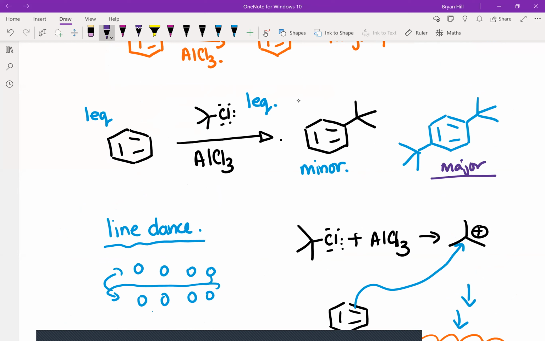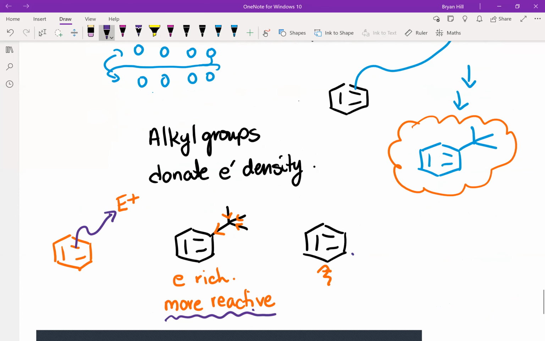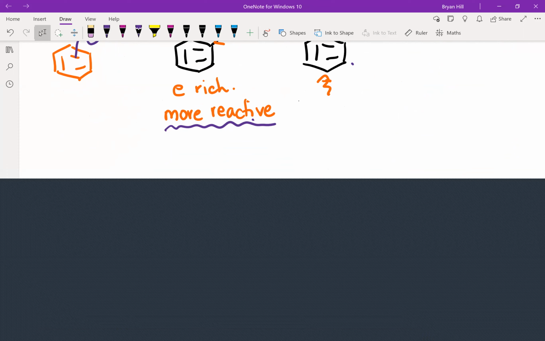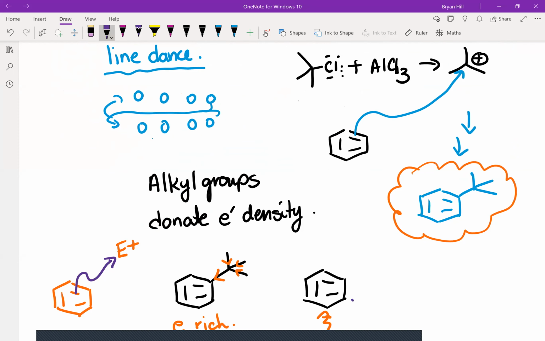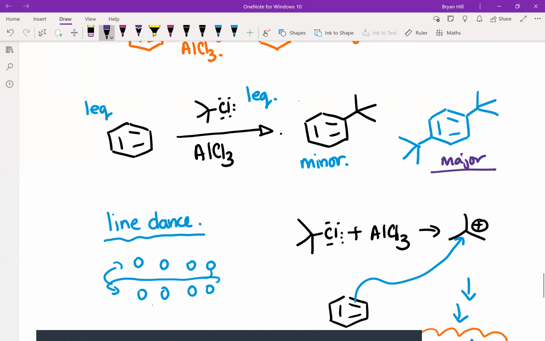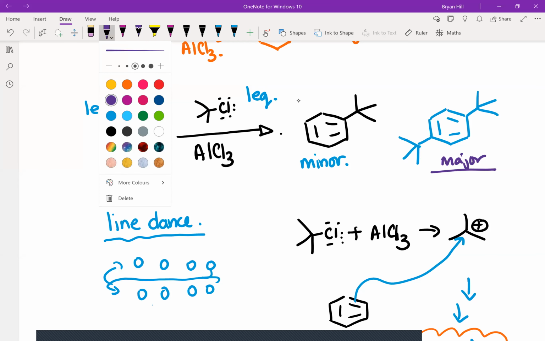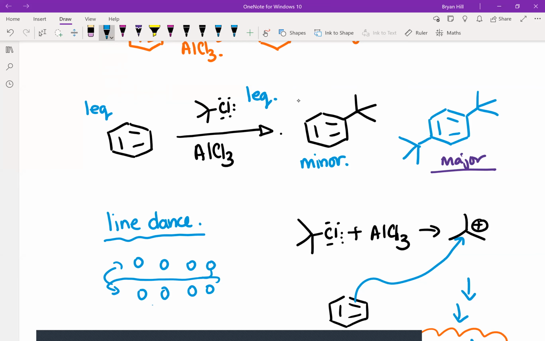Now, there's ways to overcome this. The best way is to just use a massive excess of your benzene.